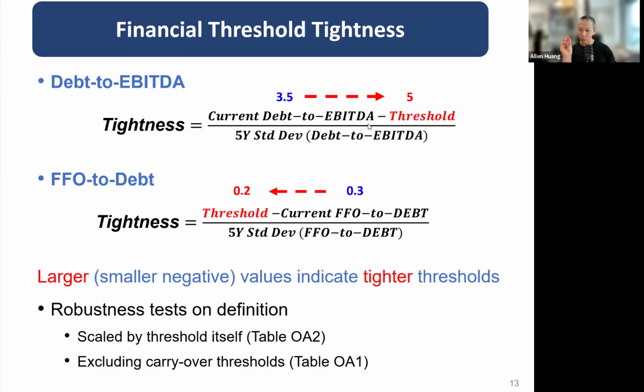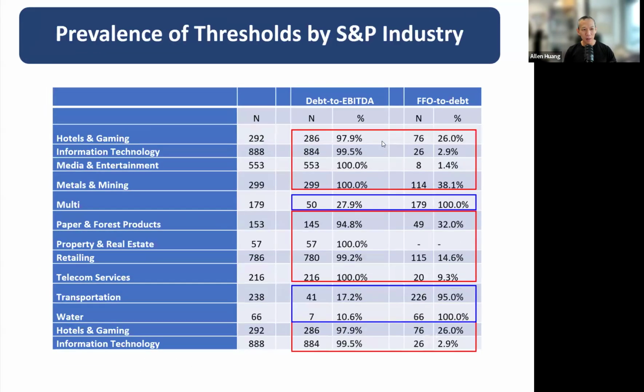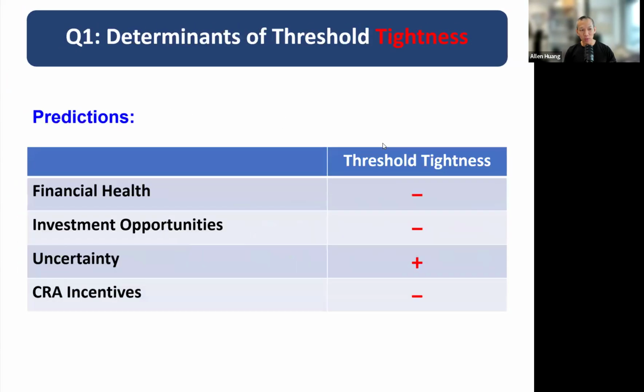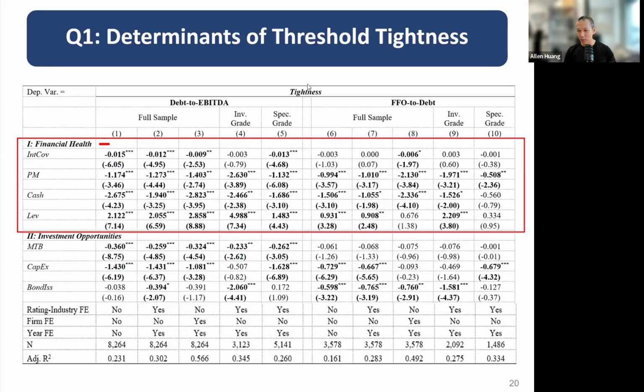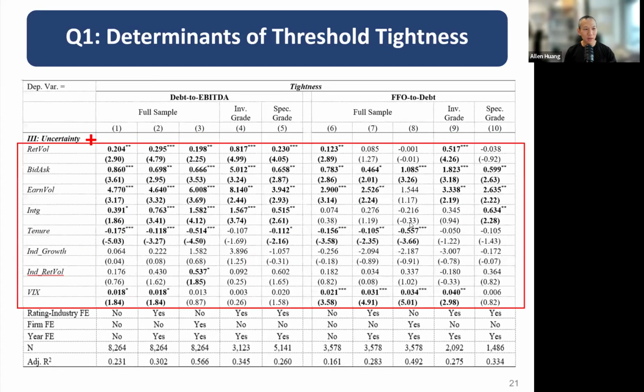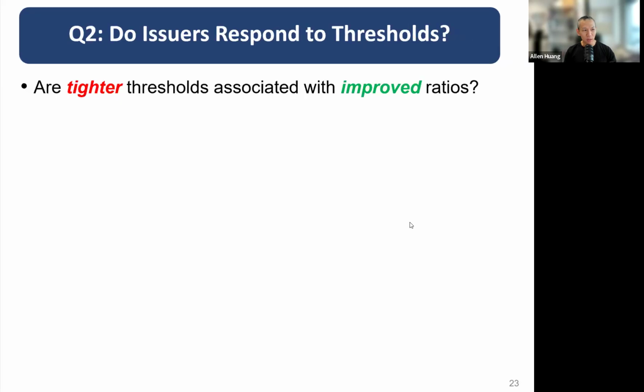Well, it's not peeking ahead. The issuer has a ratio right now, so they're determining a threshold based on the current ratio. If the economy is not good, then the current ratio is bad, and the threshold could be adjusted to account for that. Now, if we want to run a regression with the threshold as the dependent variable, then we also would need the current ratios as one of the independent variables to control for that. Right? Okay.